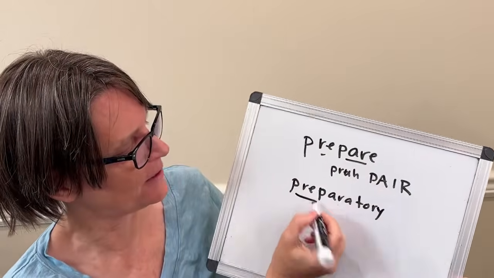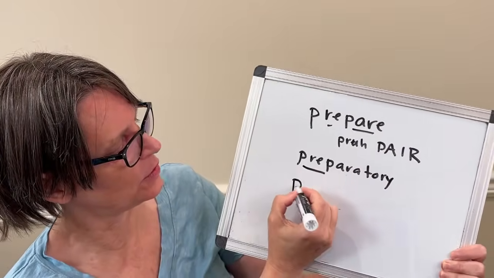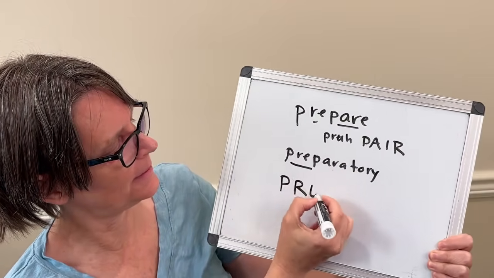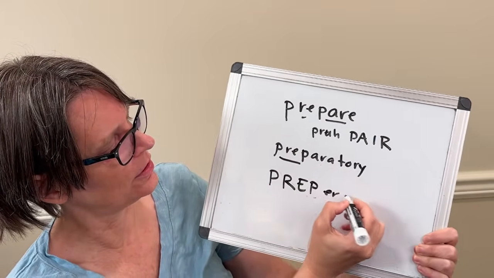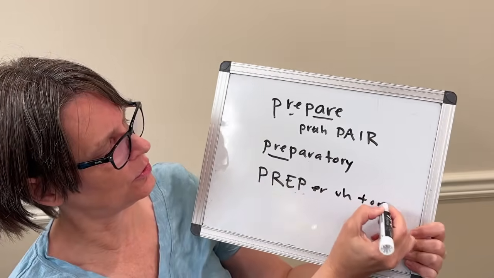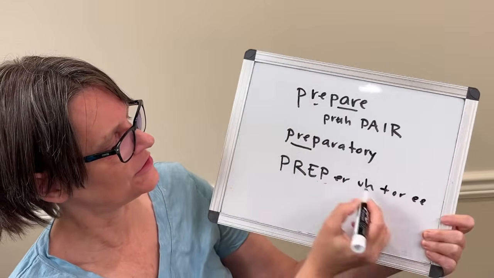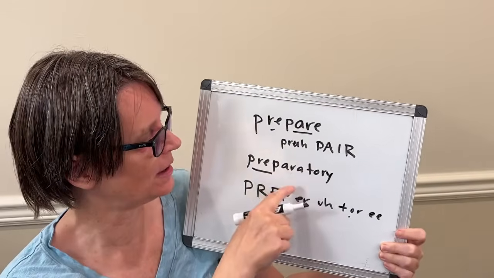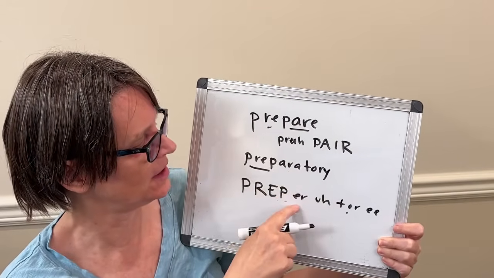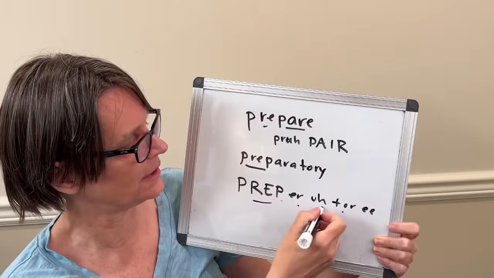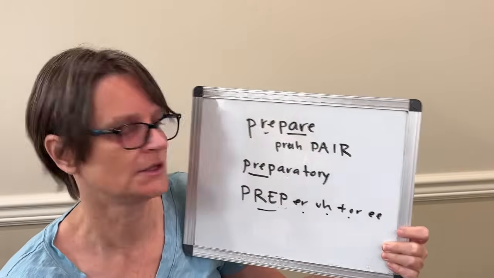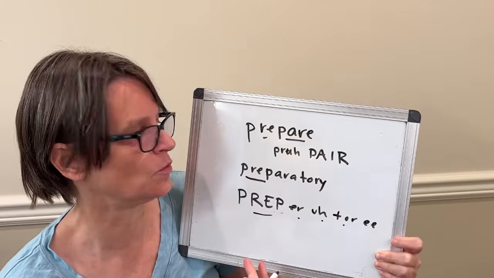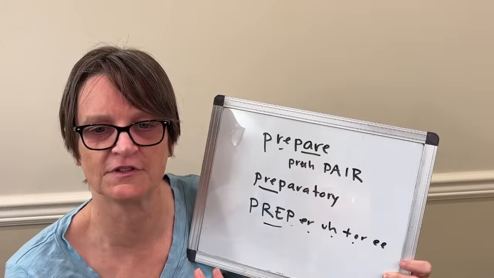Preparatory is stressed on the prep syllable. So it becomes more prep, tor, e. We have secondary stress on tor, so we do keep the or syllable, but our air syllable becomes more of a schwa. Preparatory. So they're doing some preparatory work prior to the event, for example.